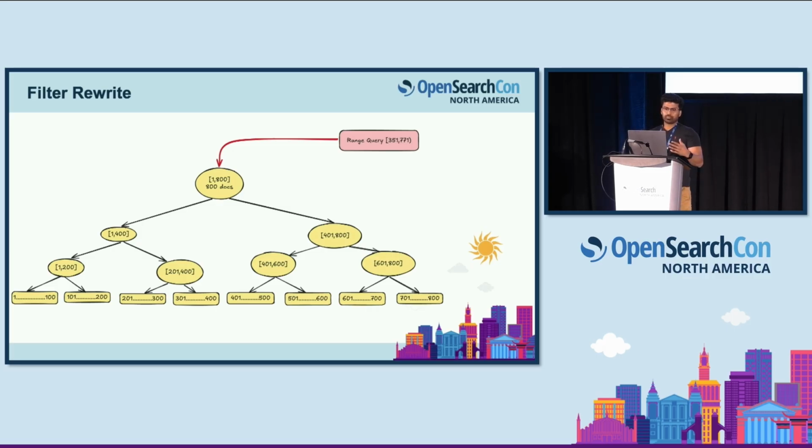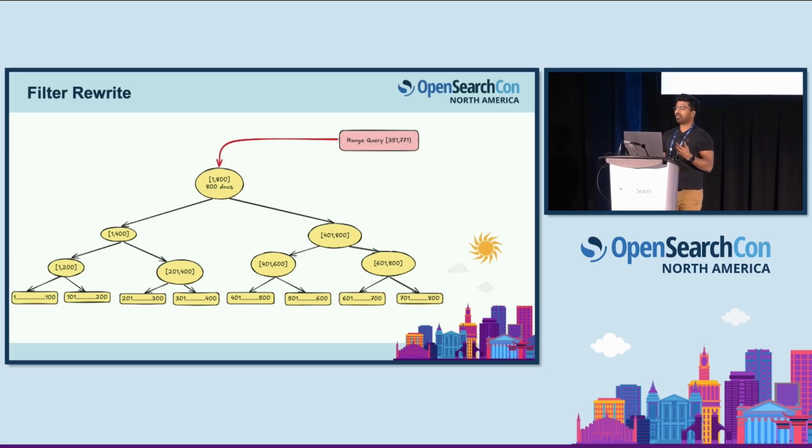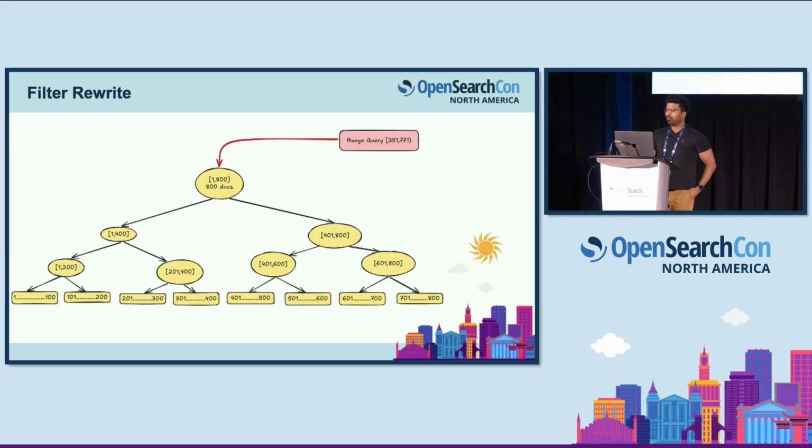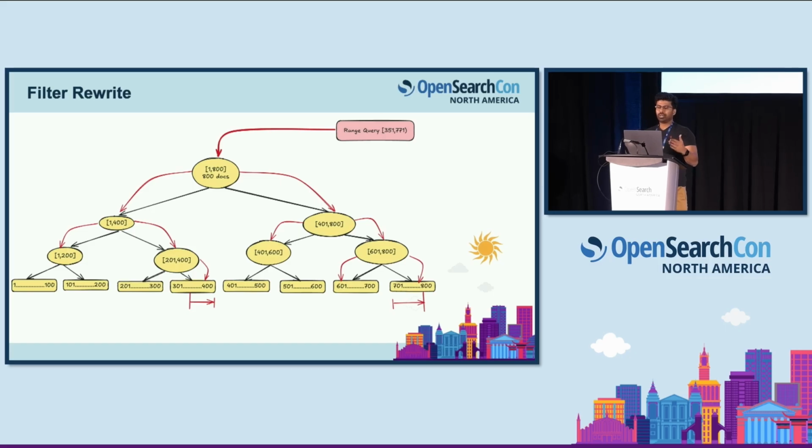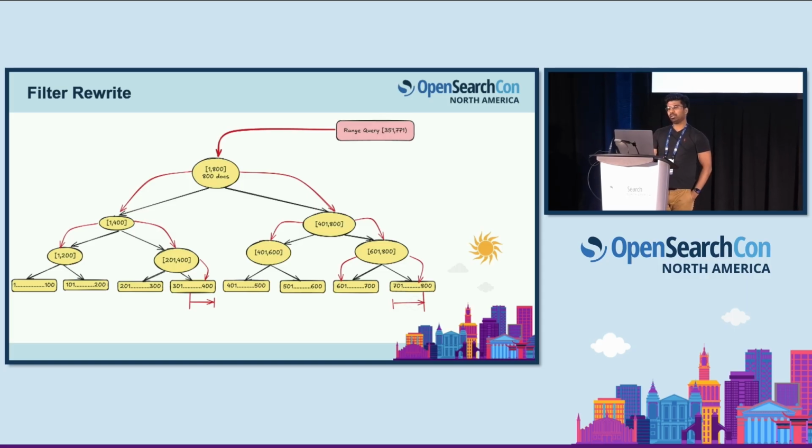So this range is not entirely contained in the range query, so you need to drill further into this tree. The way to go about it is you do a recursive traversal in this BKD, and we are able to see that we need to go to only 2 leaf nodes.